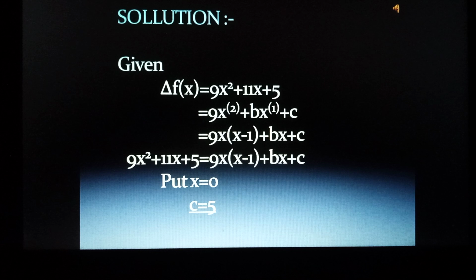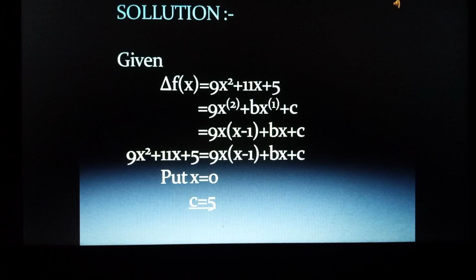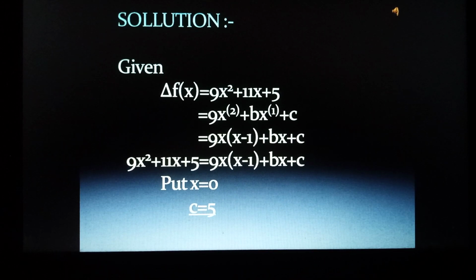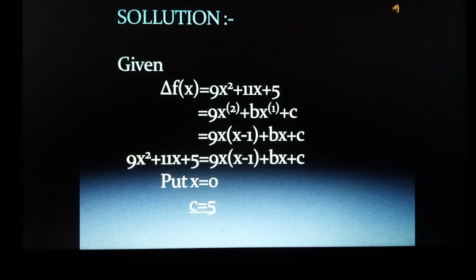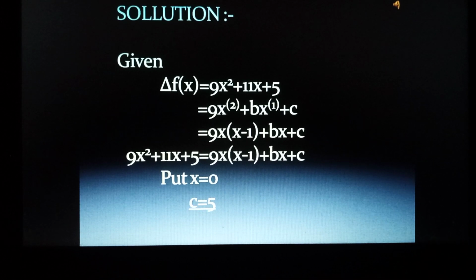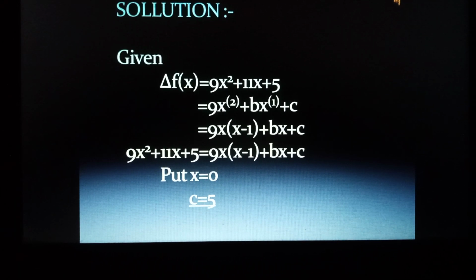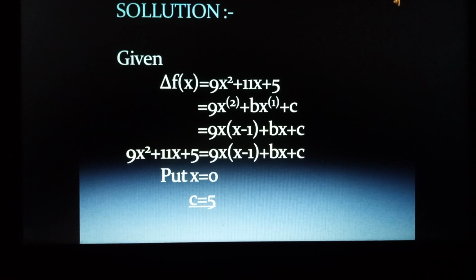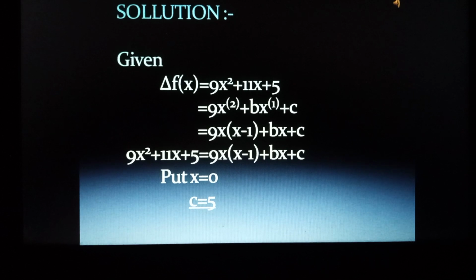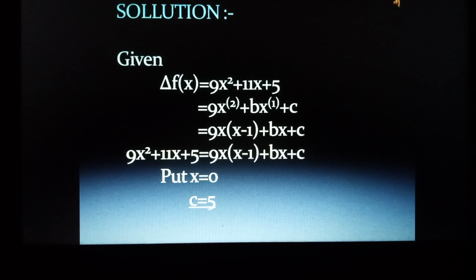Our first step is taking the equation in factorial notation. We will write 9x raised 2 plus bx raised 1 plus c. Then delta f of x is equal to 9x raised 2 into x minus 1 plus bx plus c.